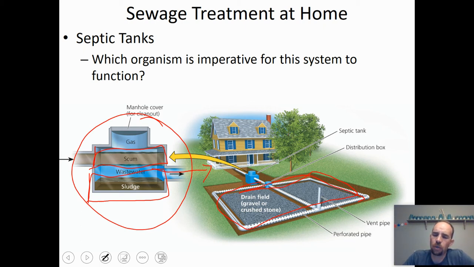So it's not very close to the grass level, but it's not too deep. But all that water will make its way downward, and as it works its way through the soil, it will naturally get purified as well. A good working septic system, let's say a house of 5 to 7 people, if you don't put caustic chemicals down your drain and it stays healthy, it should only have to get pumped every 5, maybe 7 years.